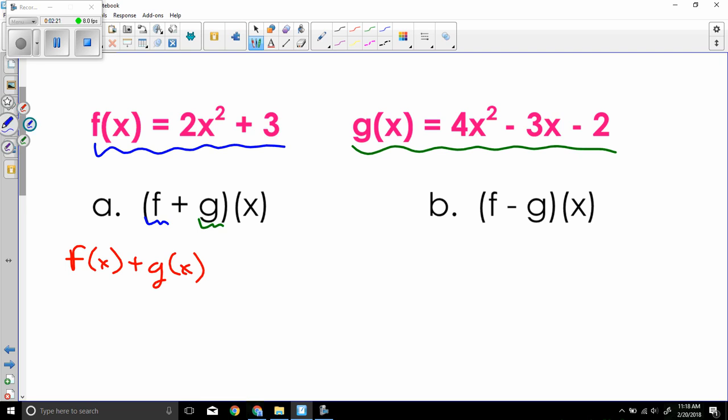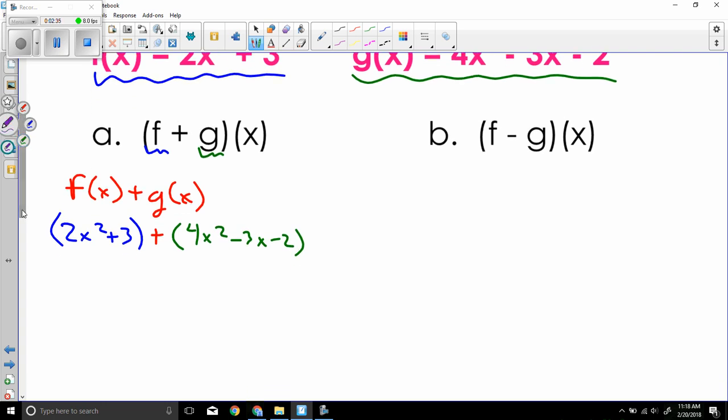Well, that is 2x squared plus 3 plus my g, which is 4x squared minus 3x minus 2. Doing a little bit of simplifying here, I see that I have like terms, gives me 6x squared. These are like terms as well, gives me a positive 1, and then I simply drop down my negative 3x.